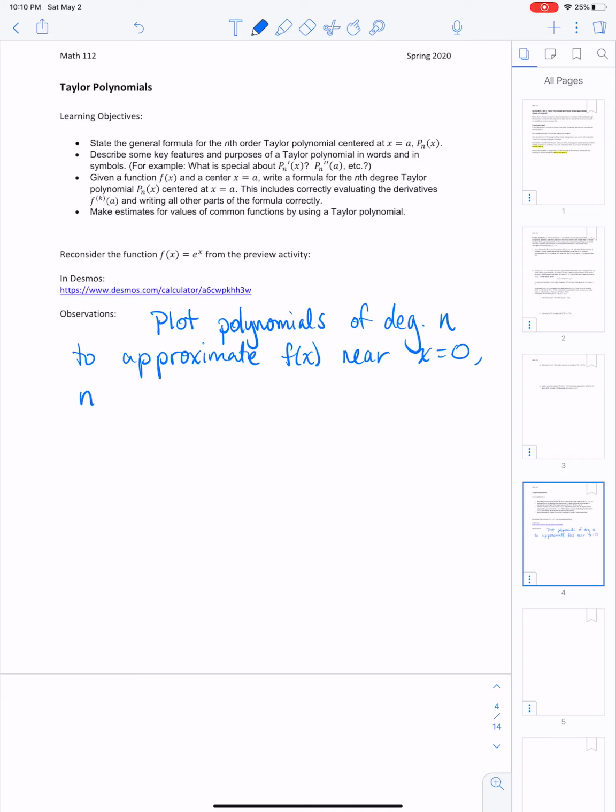And we plot these for n equals 0, 1, 2, 3, and so on.